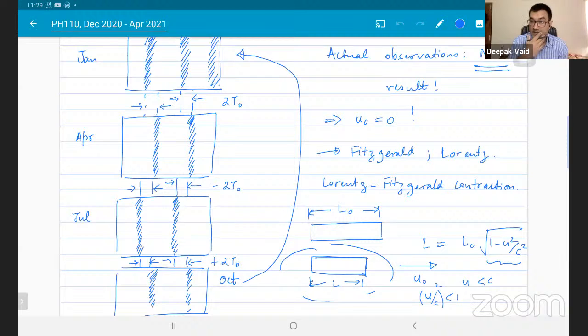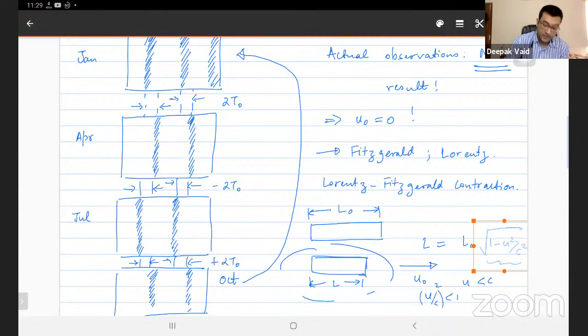They said that, for some reason, something to do with the electromagnetic fields and the interactions between electromagnetic fields and atoms and the structure of matter, when an object moves, it undergoes a contraction in its length in the direction of motion. And that contraction is given by a certain factor.